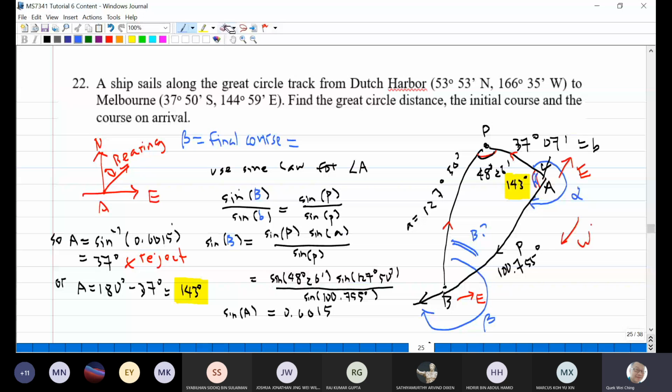And this angle B, side B. So the B is 37 degrees, 07 minutes, right? So I'll change it here now. So this one, 37 degrees.